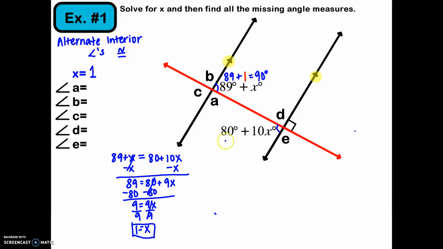Same thing for my other angle. I have 80 plus 10 times my x value of 1, which simplifies to 80 plus 10, which equals 90 degrees again. So I know that both of those angles are 90, and that proved that they are congruent.